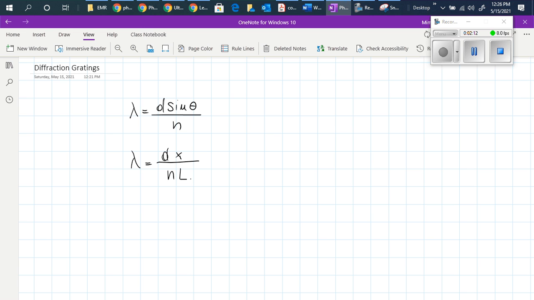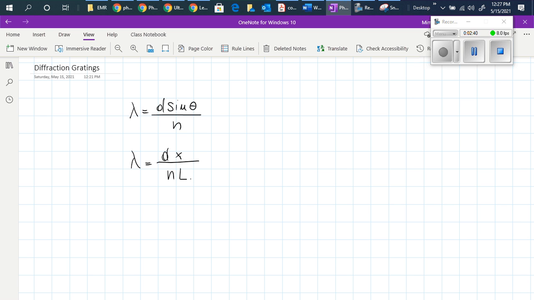Angle theta is the angle between two imaginary lines: one that goes along the perpendicular bisector of the distance between the two slits to the screen, perpendicular to the screen, and the line that connects the midpoint of the distance with the fringe, whether bright or dark.